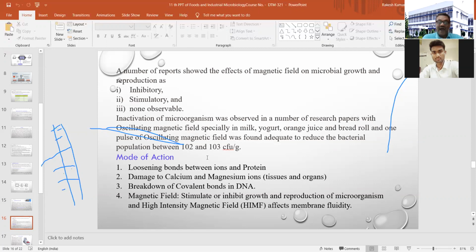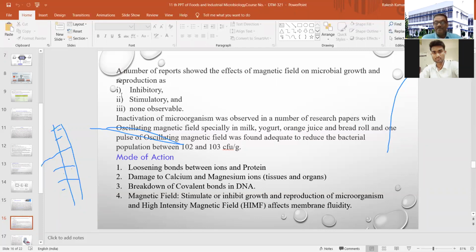Now, what is the mode of action? Loosening of bonds between the ions and proteins. Whatever ions are present in that bacterial cell will be loosened out, then damage to calcium and magnesium ions, thereafter breakdown of covalent bonds in DNA, and whatever magnetic field is created in the system will stimulate or inhibit growth and reproduction of microorganisms, and a high intensity magnetic field affects membrane fluidity, through which some nutrients go inside from outside.